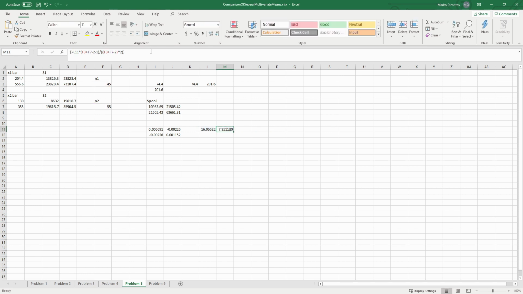Okay, so this is another, and in the end we need, because we know that it has Fisher distribution, the inverse of Fisher, p 0.05, degrees of freedom 2, and 55 plus 45 minus 2 minus... and when we compare, it's larger and we reject the null hypothesis, and we can see that there is a significant difference between those two.